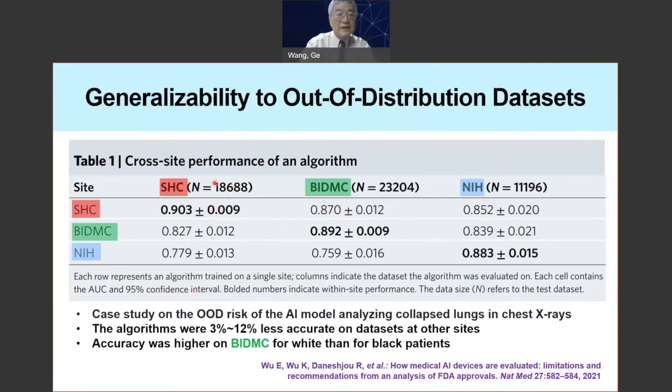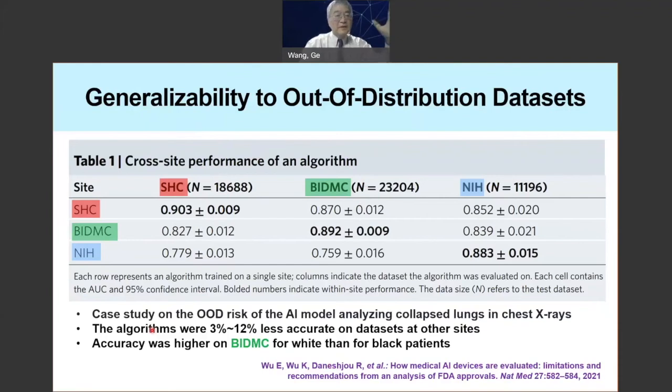When the AI model is applied to data that have different distributions than the training database, then you have this generalizability issue. And we are actively working on this generalizability problem.